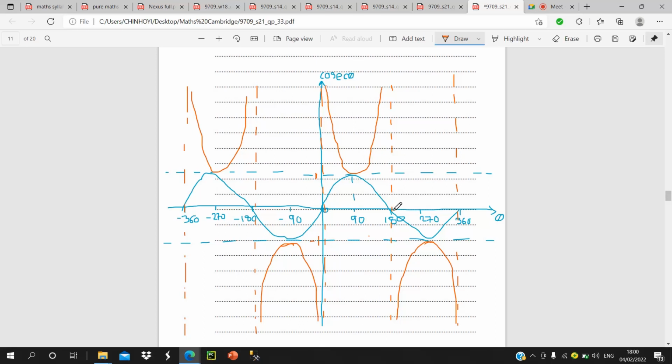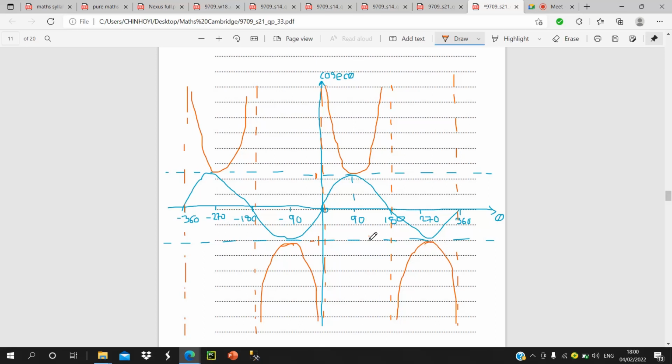Then from 180 to 360, the graph of sine is minimum towards minus 1. So our graph of cosec will be maximum towards minus 1. It will turn at minus 1, right?